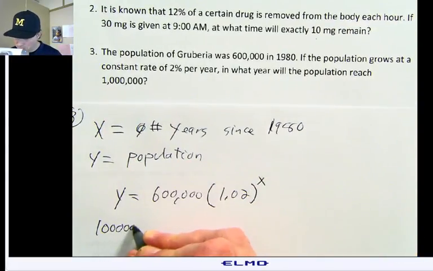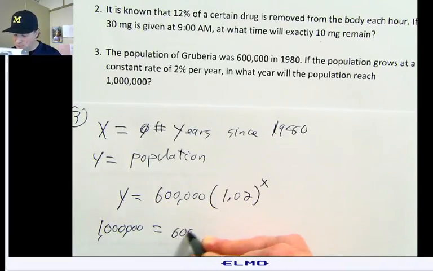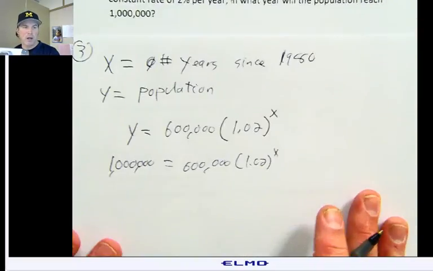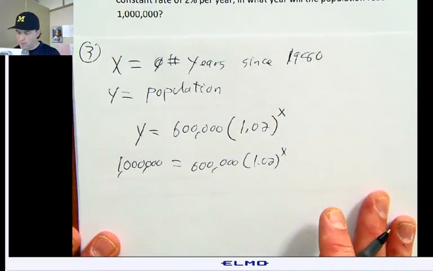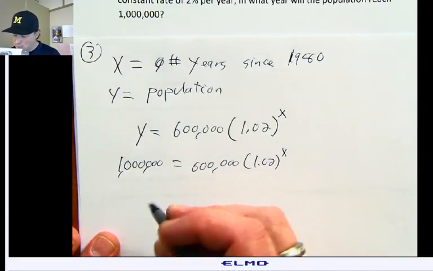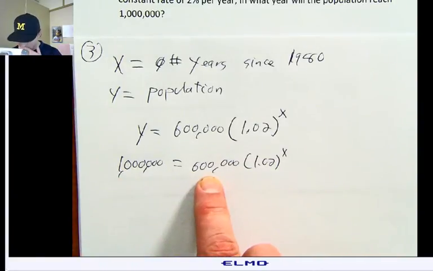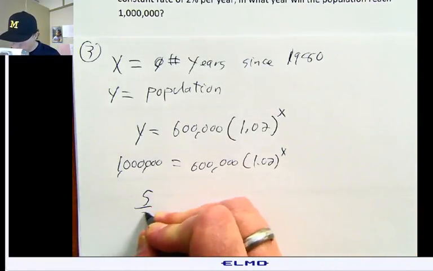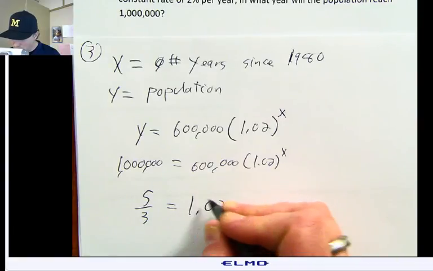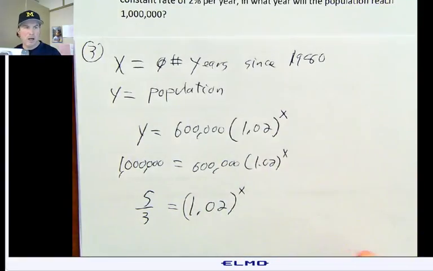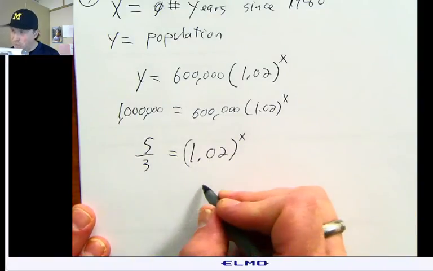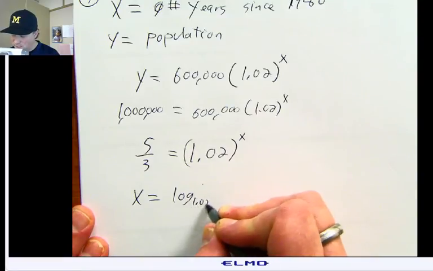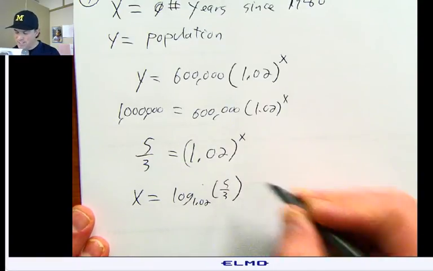So 1 million equals 600,000 times 1.02 to the x. Same thing as the other problems. First divide by 600,000. So a million divided by 600,000, that's just 5/3 equals 1.02 raised to the power of x. I could then change this into log form. So x ends up equaling log base 1.02 of 5/3.